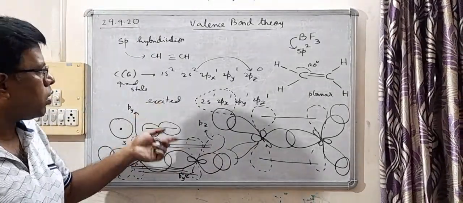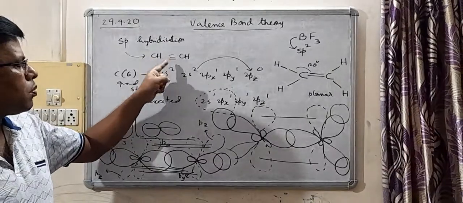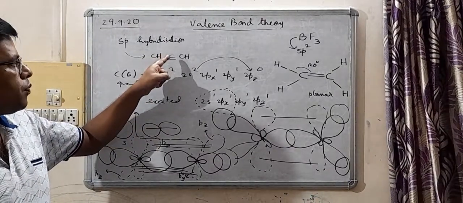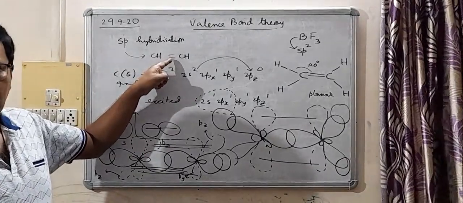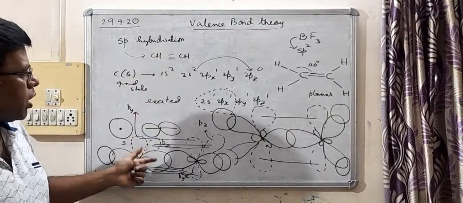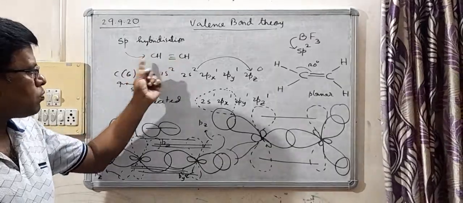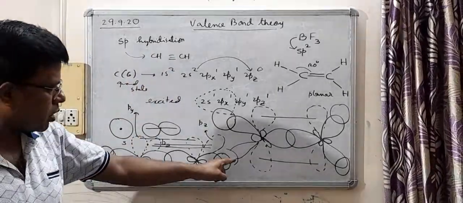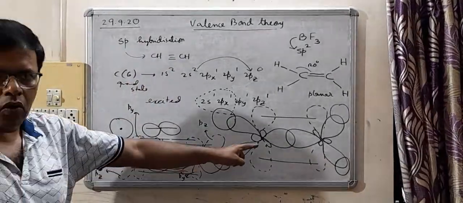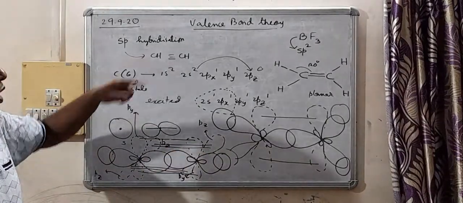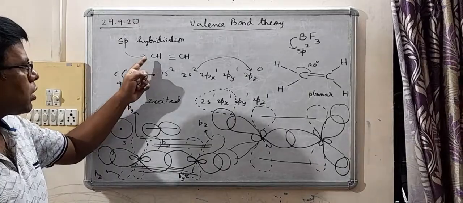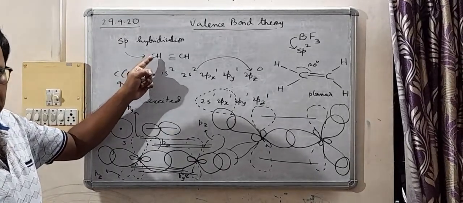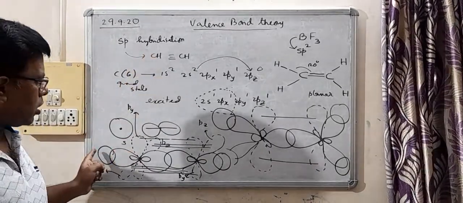So this is how in between carbon and carbon there is triple bond formation, and out of these three bonds, one is sigma bond and two are pi. Since all atoms are in a line, the shape will be linear. So in ethyne, in acetylene, carbon atom is sp hybridized and its shape is linear.